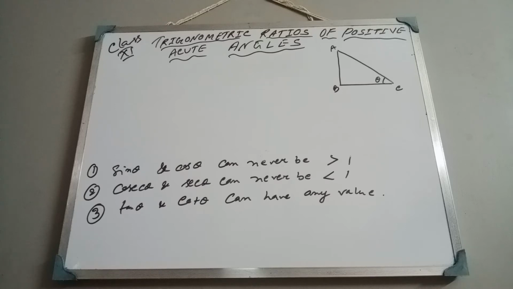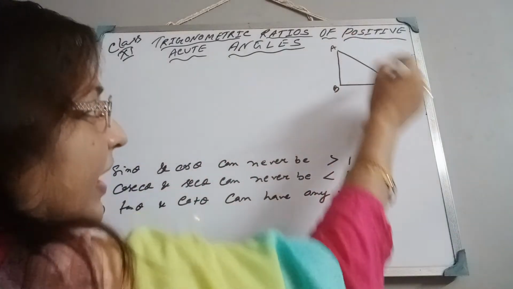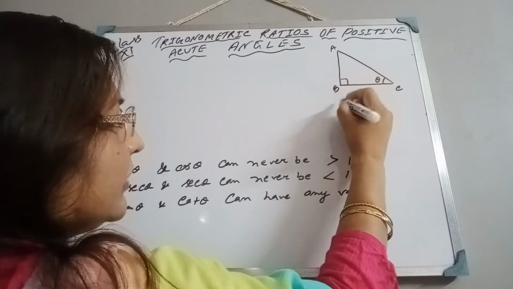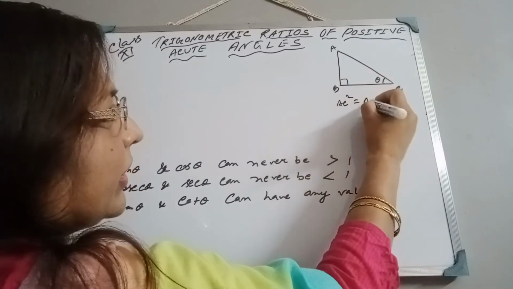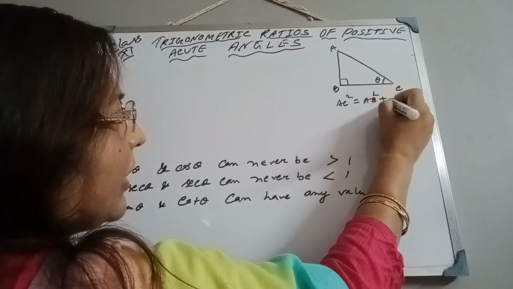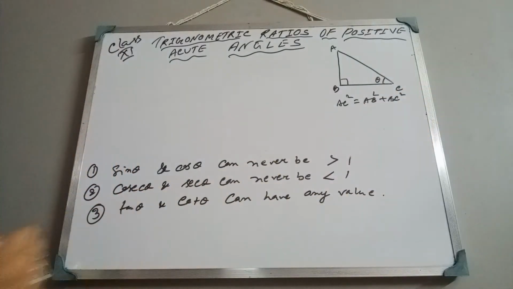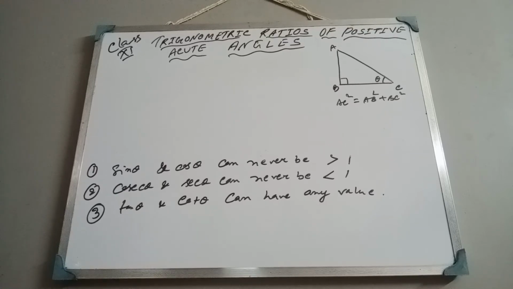Now, we know from this triangle, this is the hypotenuse, as this is the 90 degrees. So we can write AC square equals AB square plus BC square.